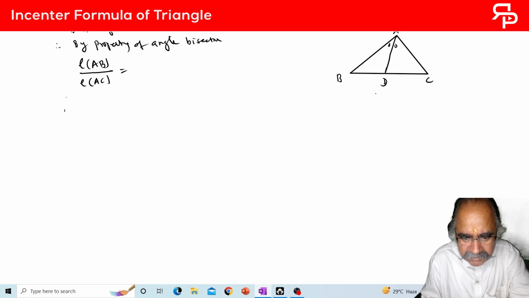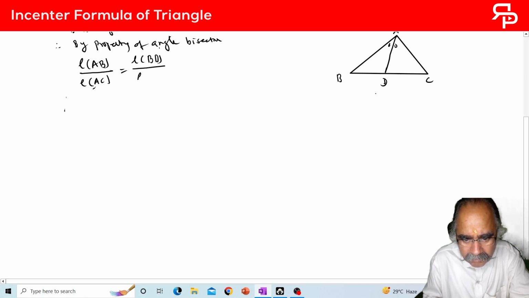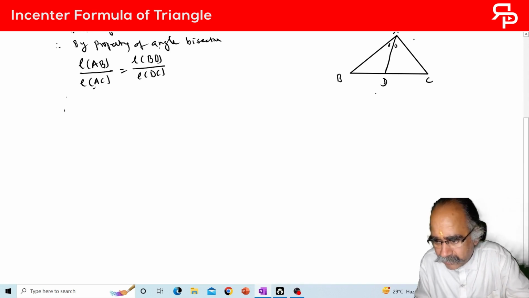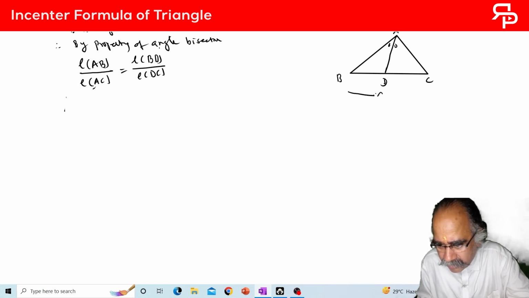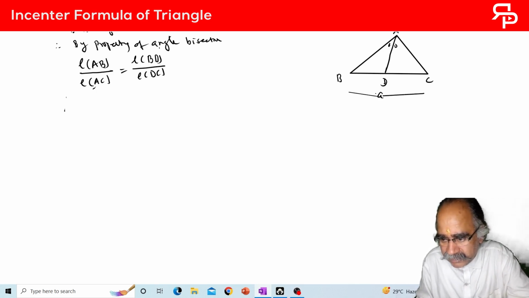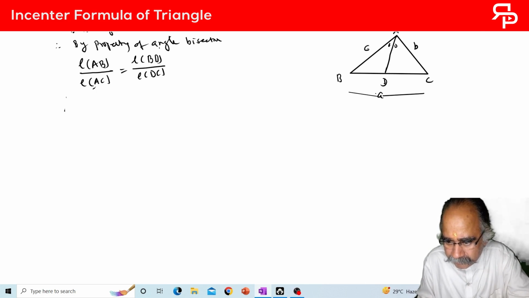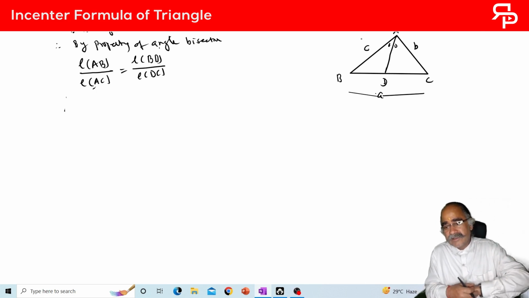Length AB upon length AC is equal to length BD upon length DC. And you know, in the diagram, the side opposite to A we have taken as small a in length, the side opposite to B is small b, and the side opposite to C is small c. This is what is given in the statement.